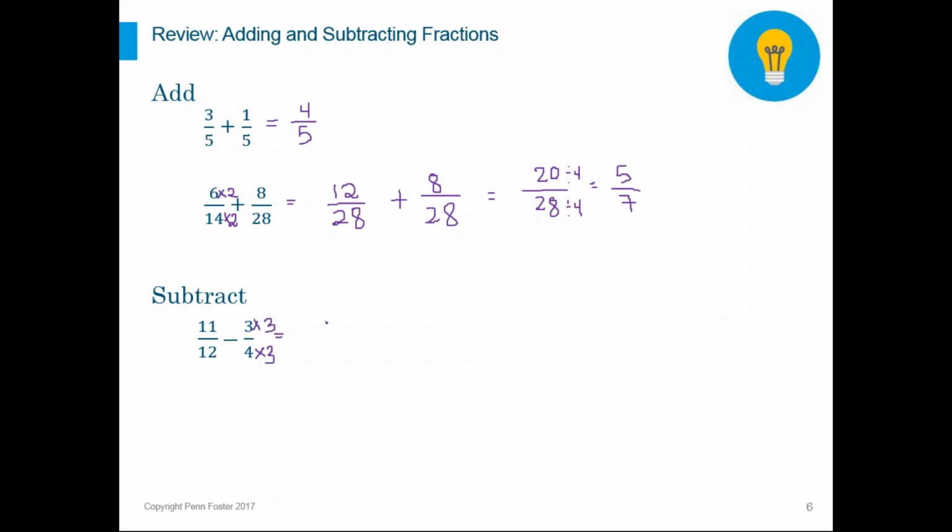Rewrite your problem, 11 over 12, and now it's going to be minus 9 over 12. And then keep the 12 the same because it's the common denominator. 11 minus 9 will give you 2. Again, we have to simplify our answer, divide over 2, divide over 2, because you want to eliminate the common factors. 1 over 6, or 1/6, is the final answer.